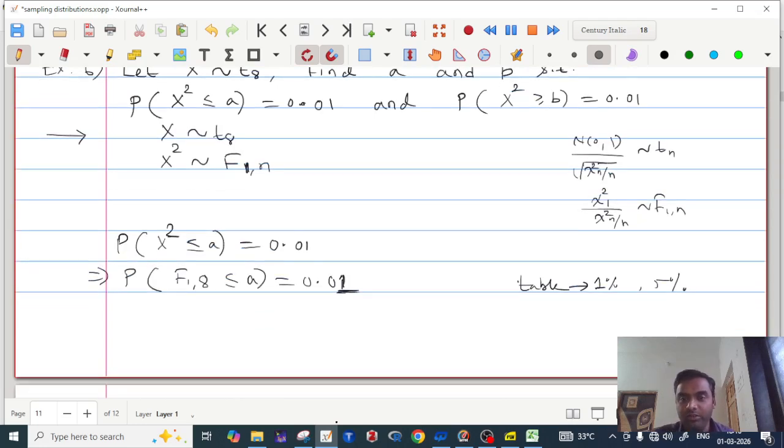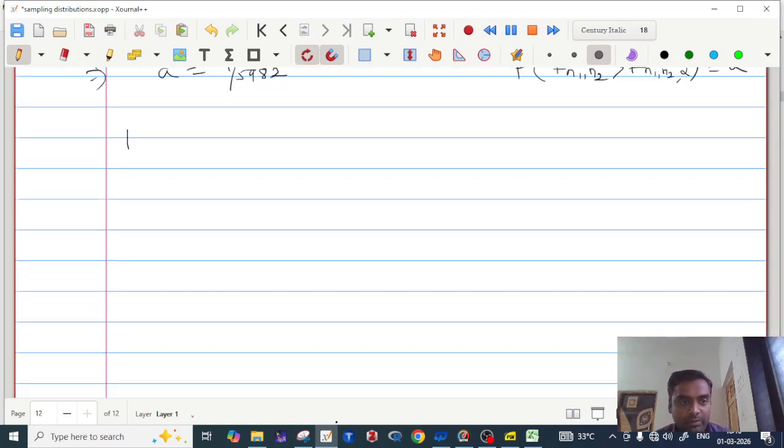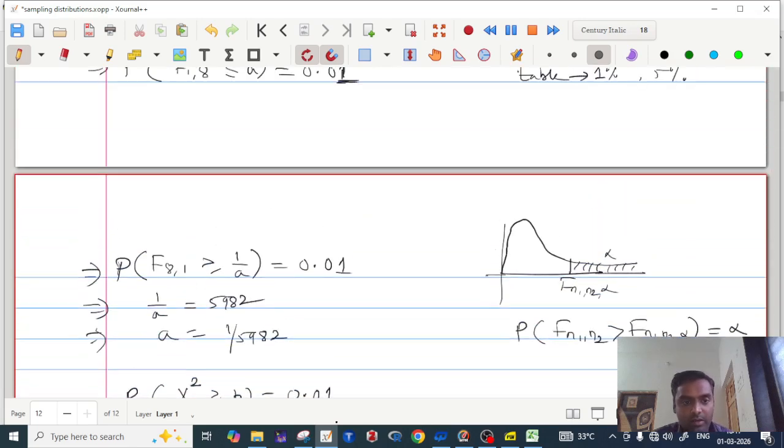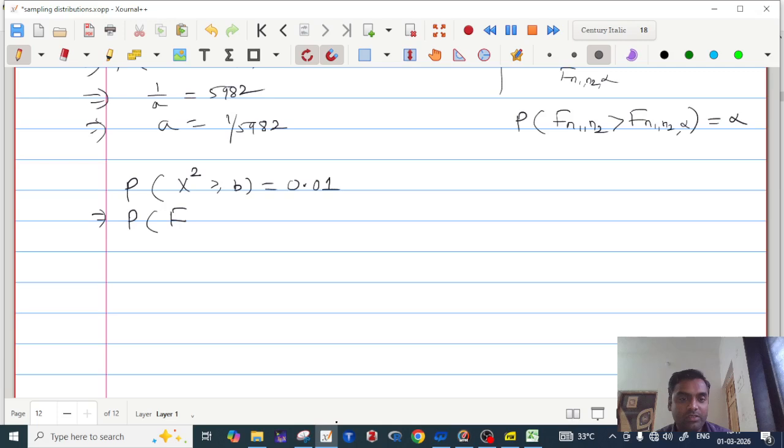Now find B. Probability of X square greater than or equal to B is also 0.01. It is already in the greater than form, so no need to make any adjustment. This is F(1,8), by the property that if X follows T, then its square is F(1,n).